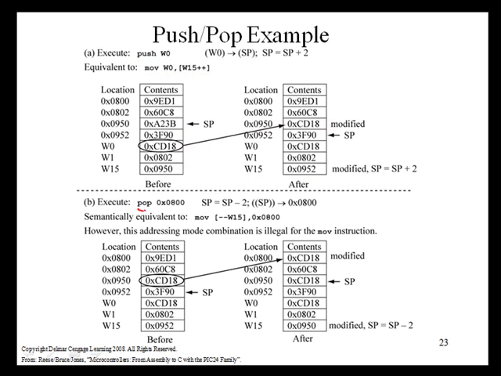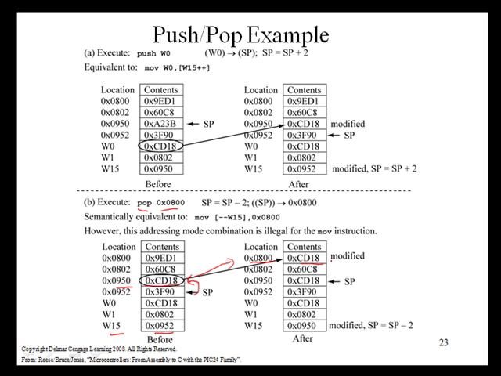This is going to illustrate the memory form of the pop, where I'm going to say pop the contents of the stack to memory location 800. So the stack pointer W15 is currently 952. To do the pop, I first decrement the stack pointer by 2. Then the contents of this memory location, which is CD18, is going to be written to memory location 800.